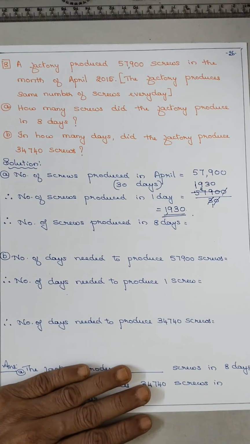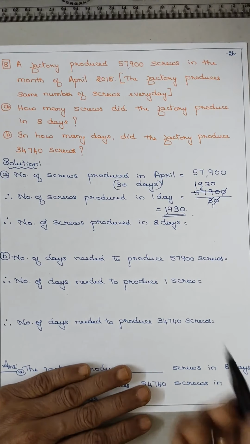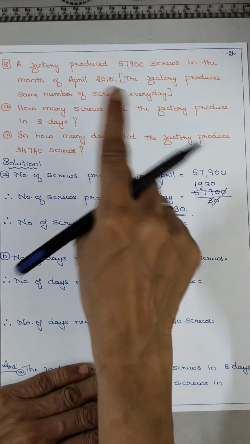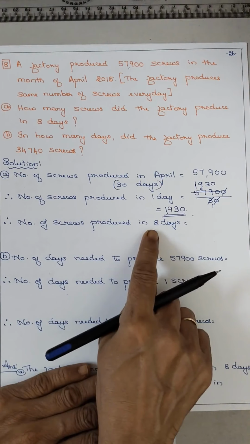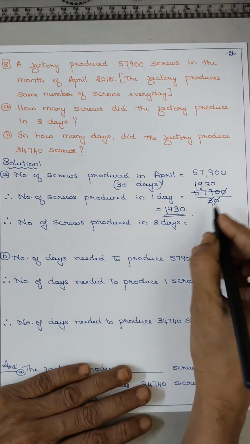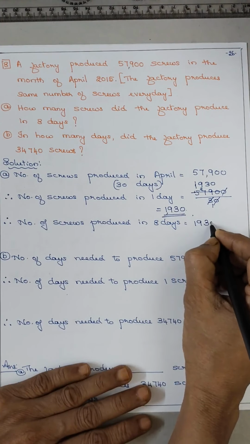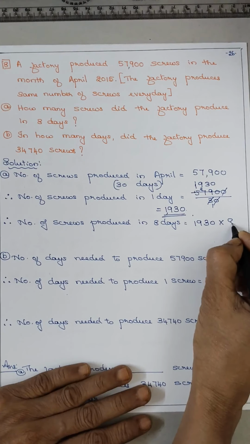1930 screws are produced in one day. Now in the first question, how many screws are produced in 8 days? Therefore the number of screws produced in 8 days. In 1 day it is 1930, in 8 days how many?